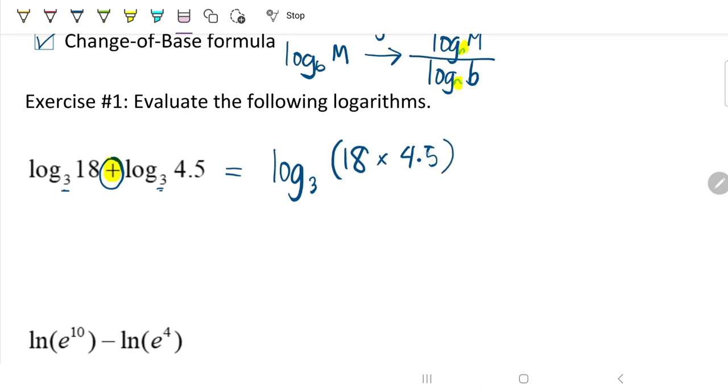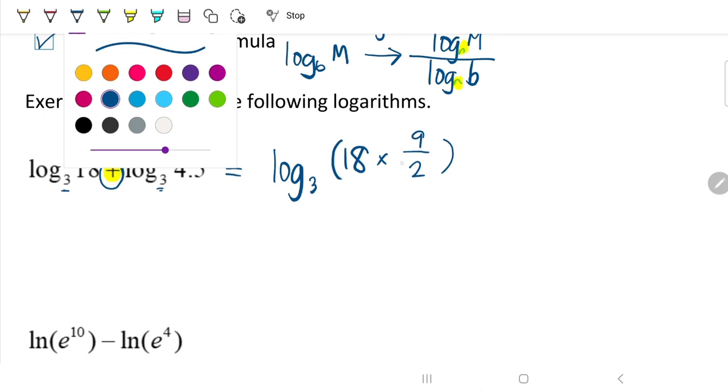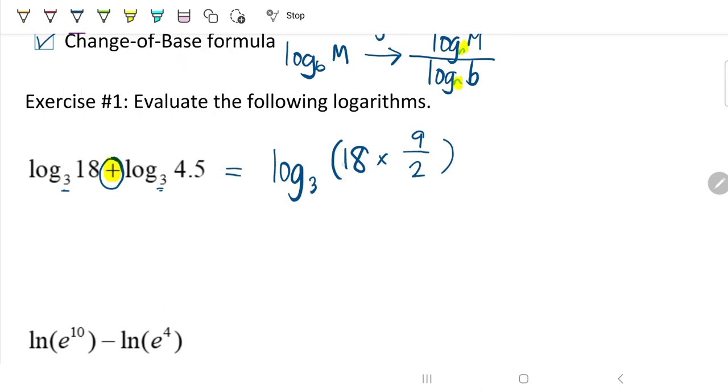So 4.5 is just equal to 9 over 2, since half of 9 is 4.5. So 18 times 9 over 2. We can simplify this. 18 and 2 have a common factor which is 2, so I can divide them both by 2. So this becomes 9, this becomes 1. Essentially we have log base 3 of 9 times 9 divided by 1, which is 81.